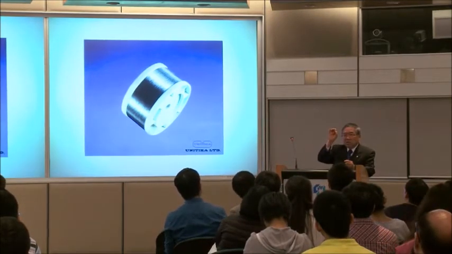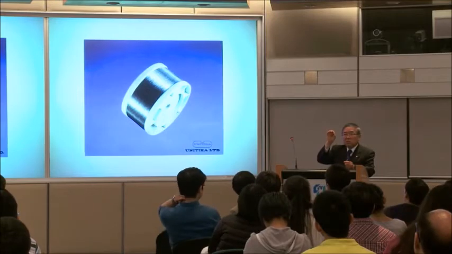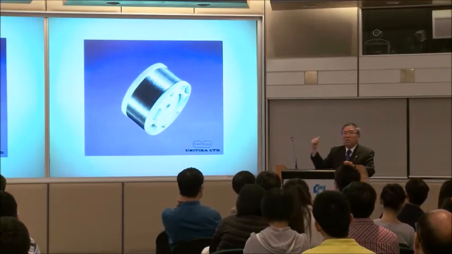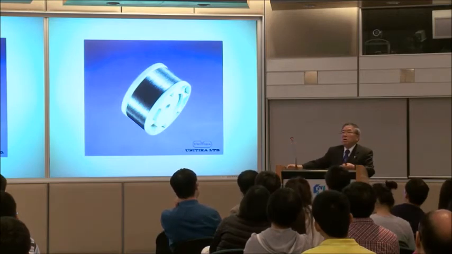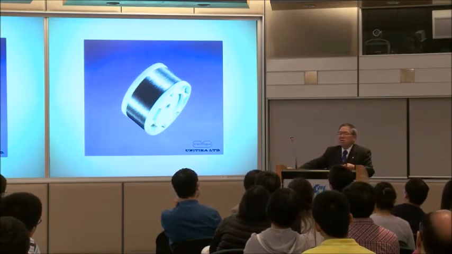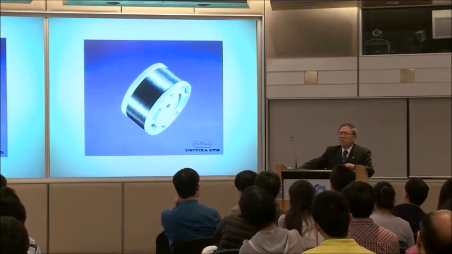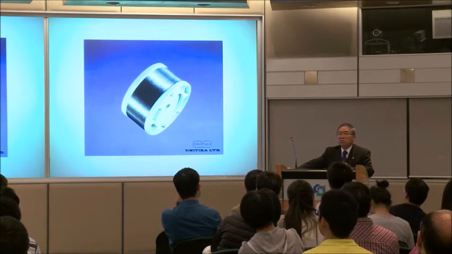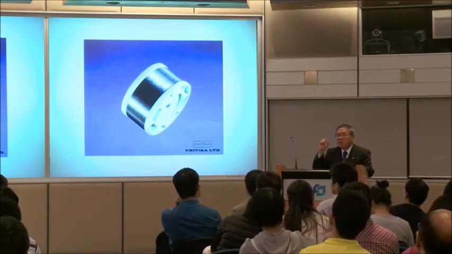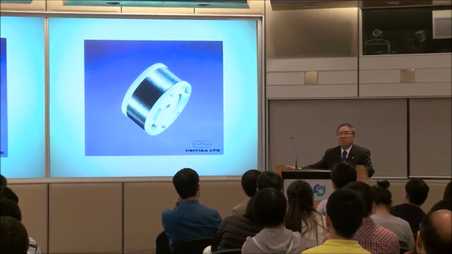It's important to control the diameter. If we increase the diameter to over 150 micrometers, 0.15 millimeter, we were not able to produce the amorphous wires; they are very brittle and crystallized.